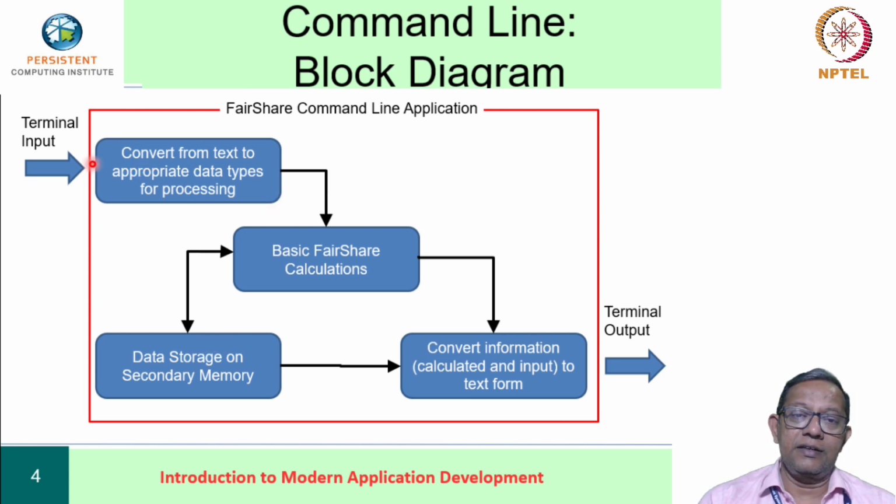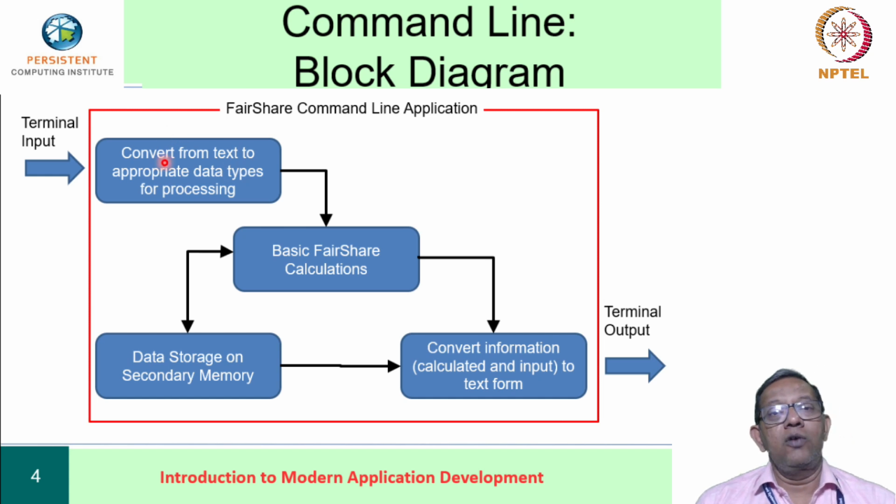We had seen that one phase would be to convert all the input to appropriate data types within the programming language. Once these are available as suitable data types in our programming language, then we can perform further processing.